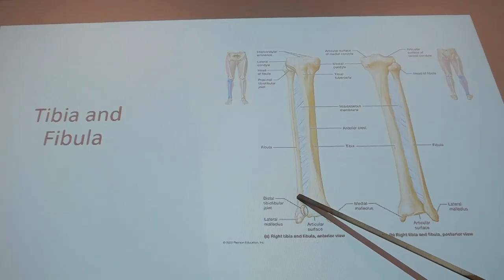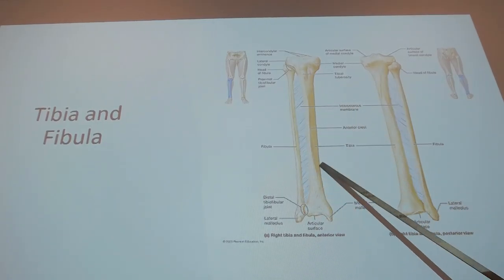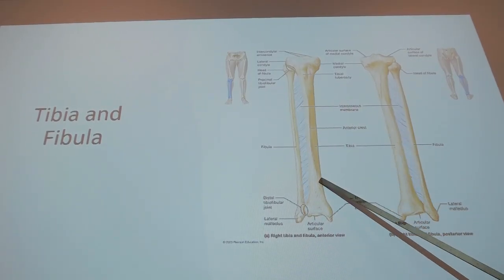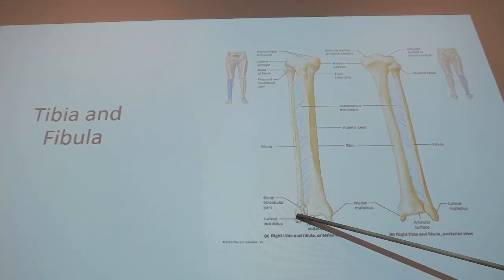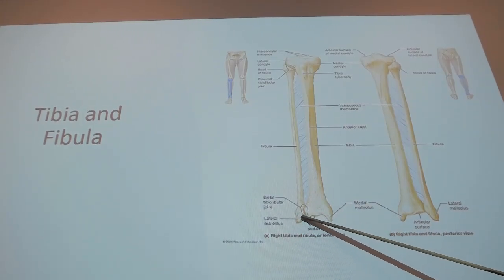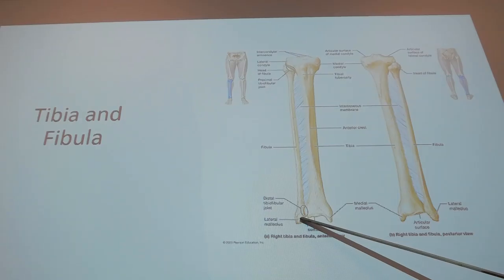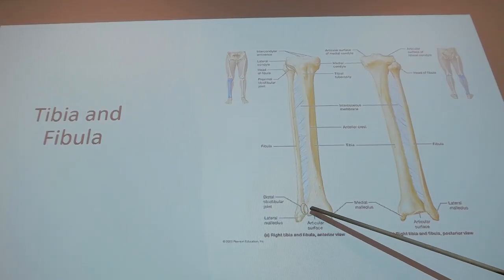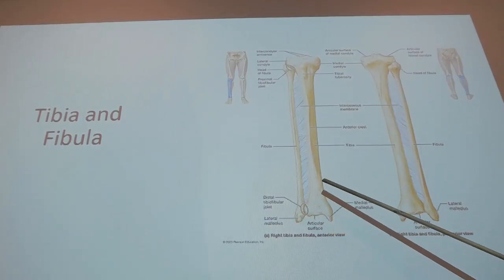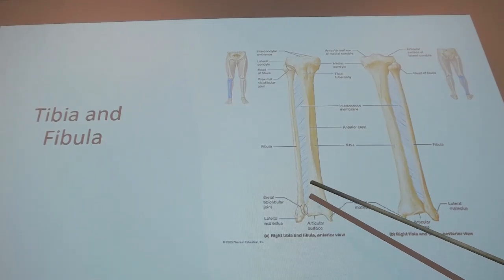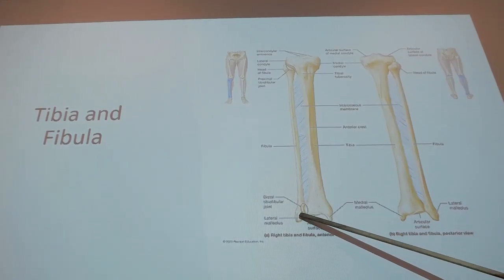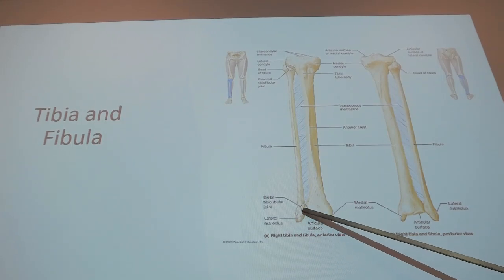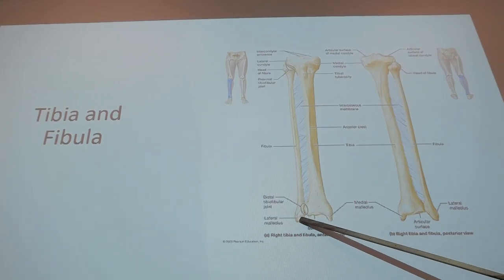And then we have a shaft that is very long and slender in comparison with this, that is very strong. And distally, we have the lateral malleolus. And we have the connection between the tibia and the fibula distally, which is called the distal tibiofibular joint.